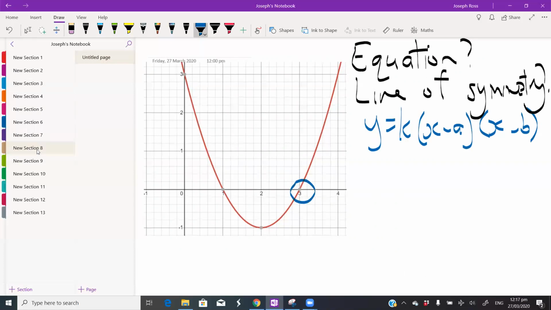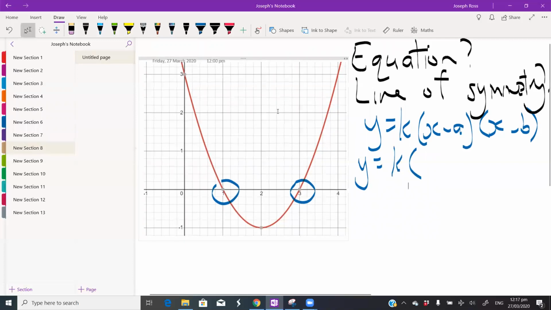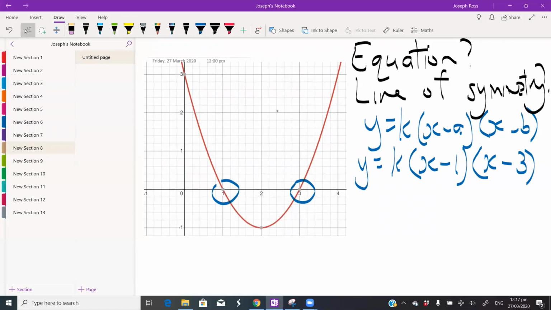So here we've got 3 and here we've got 1. Okay, so those are the two x-intercepts. So therefore we've got y is k multiplied by x minus 1 times x minus 3. Okay, so we have our x-intercepts, and we can now work out what k is.